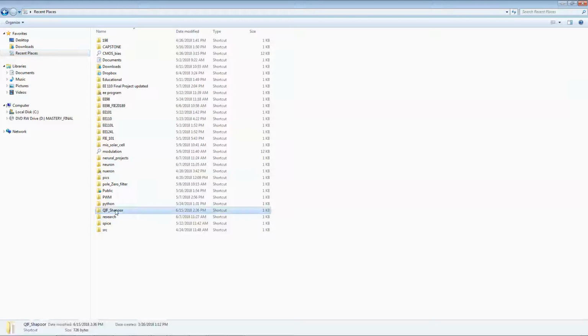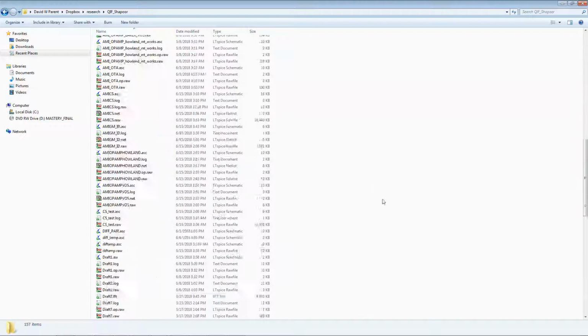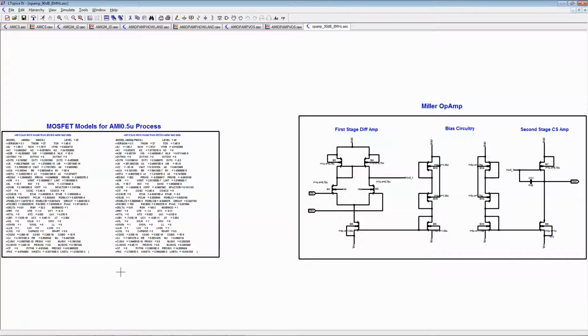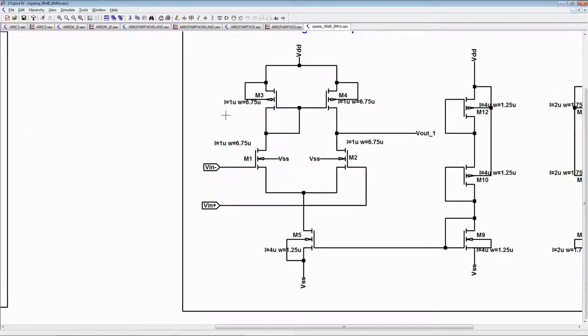let's compare that. So it's the same structure here. Right? But he's got the length of 1 micron and the widths here.